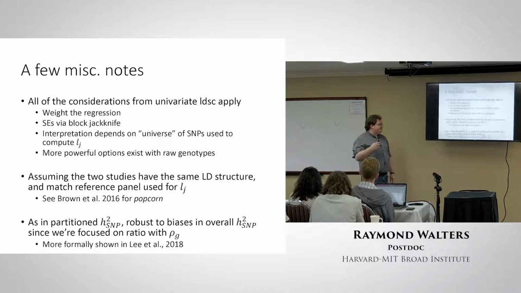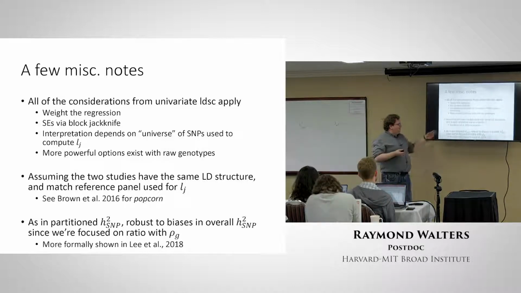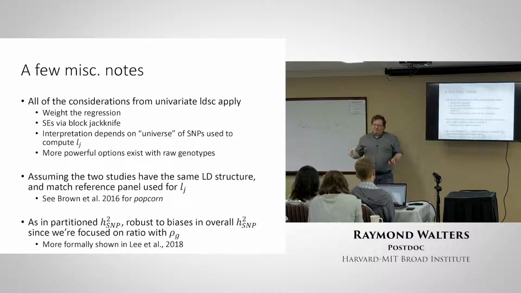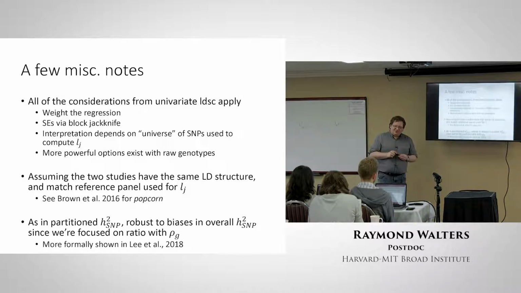And so, one of those potential directions for thinking is that we've implicitly assumed, in working through that derivation, that we have LD that's the same in both of the populations for our two traits. If that's not the case, then we've broken our model of the LD scores in ways that break the estimation fairly noticeably.